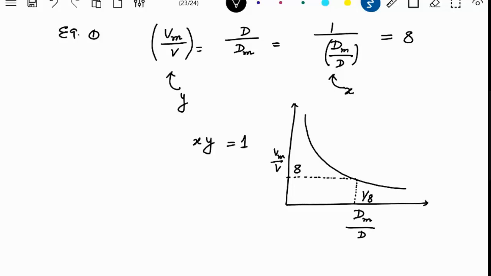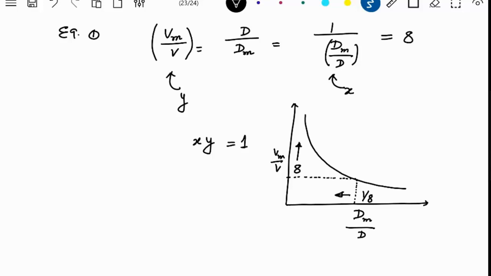So clearly, if you reduce dm, this means if you scale down, if you take a smaller diameter, then what will happen? Your Vm by V will increase. If you go this side, this means if you decrease the value of dm, then your value of Vm will increase. So the price you are paying, if you are taking a smaller tube, is that you have to increase the velocity.